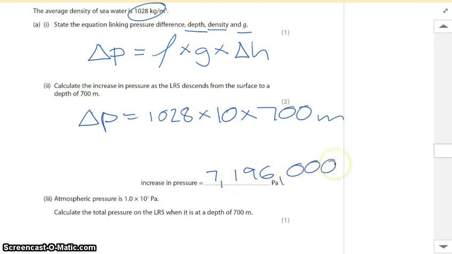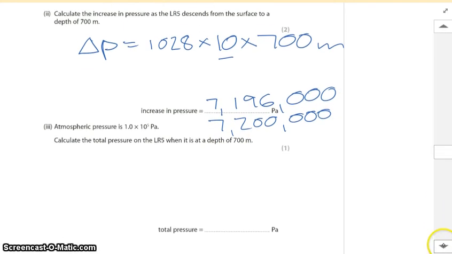You could argue that we've given it to too many significant figures, because g is only given to 2 significant figures, so possibly you could argue that this should have been rounded to that, although that's not tested in this question, so either of those answers is okay.